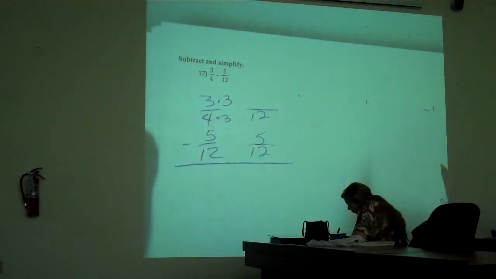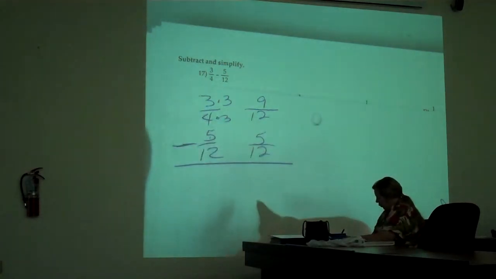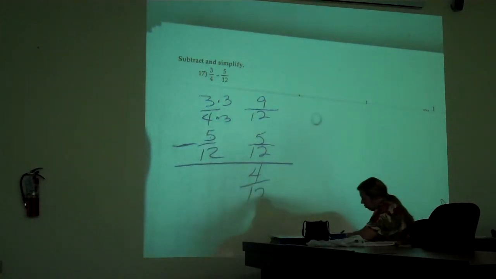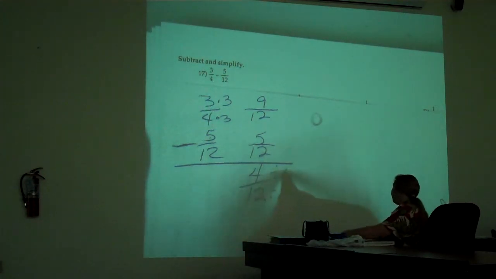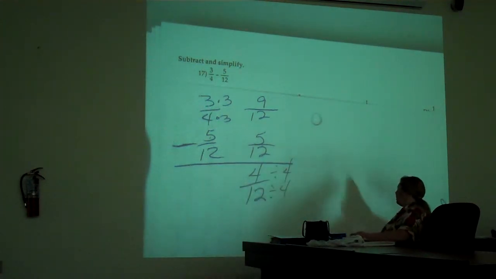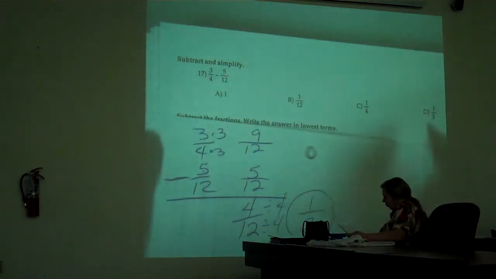What's 3 times 3? 9. 9 minus 5. 4/12. Can that be reduced? What are we going to divide by? Should we divide by 4? You do 2, you got to do it again, but you could divide by 2. So you get 1/3, simplified all the way.